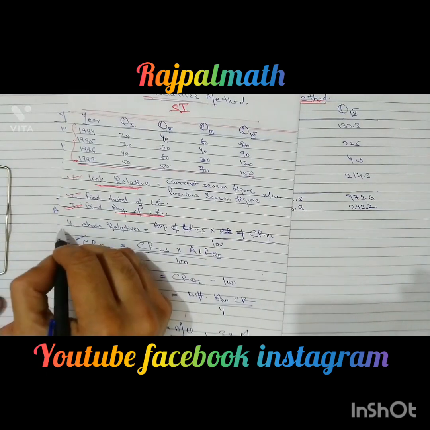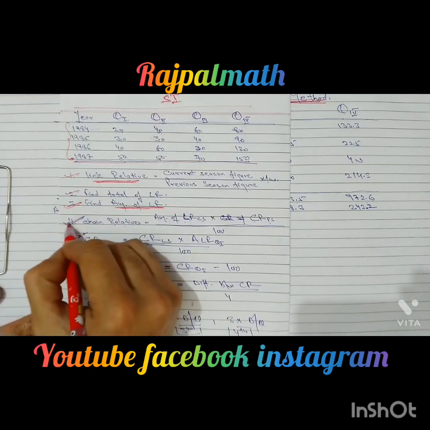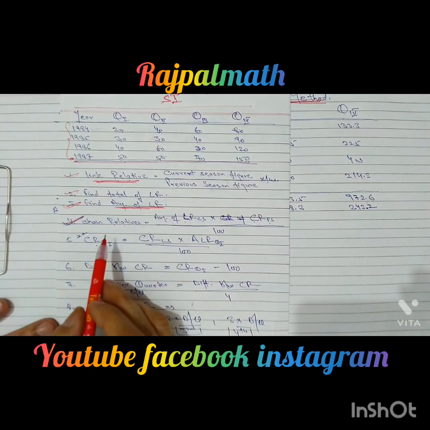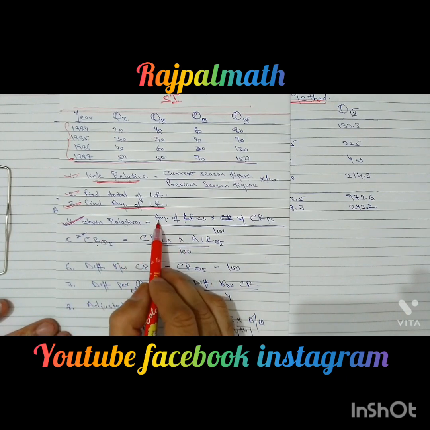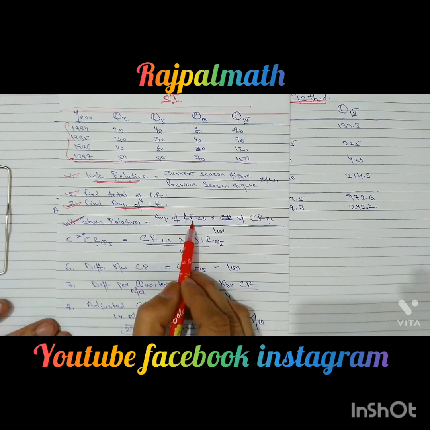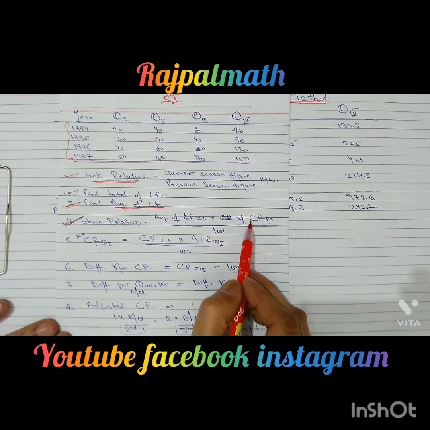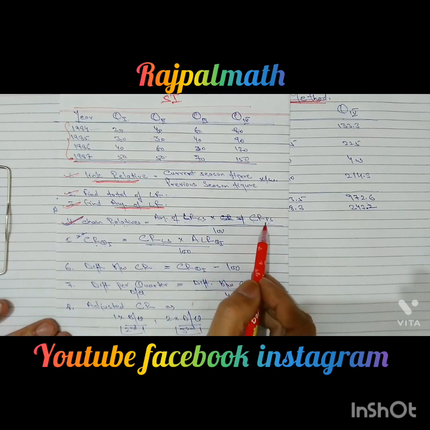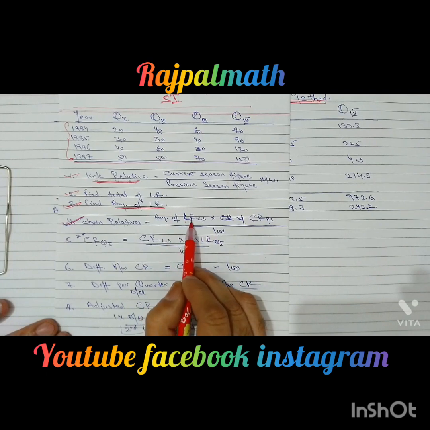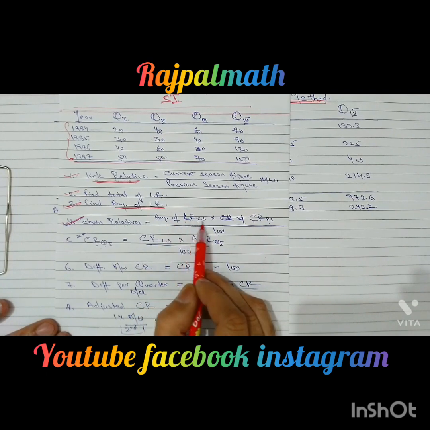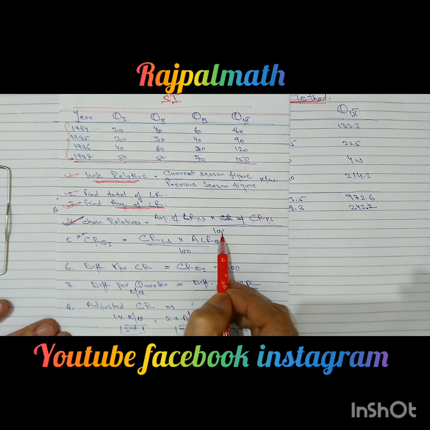Now next, step number 4: calculate chain relatives. Chain relatives formula is average of link relatives of current season into chain relatives of previous season over 100.